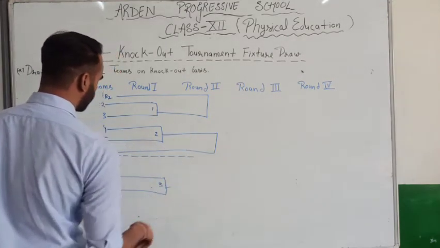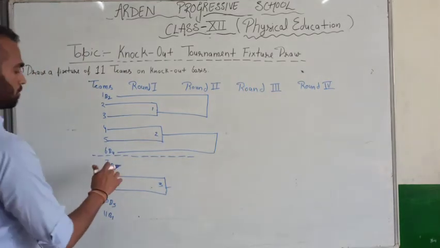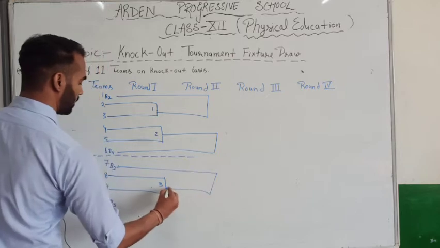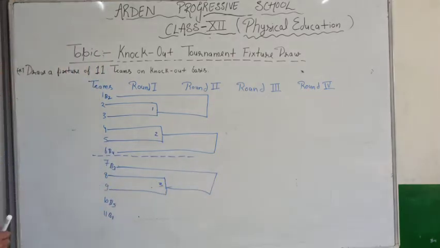The third match is number 7 and the winner of number 8 or 9 from the first round.